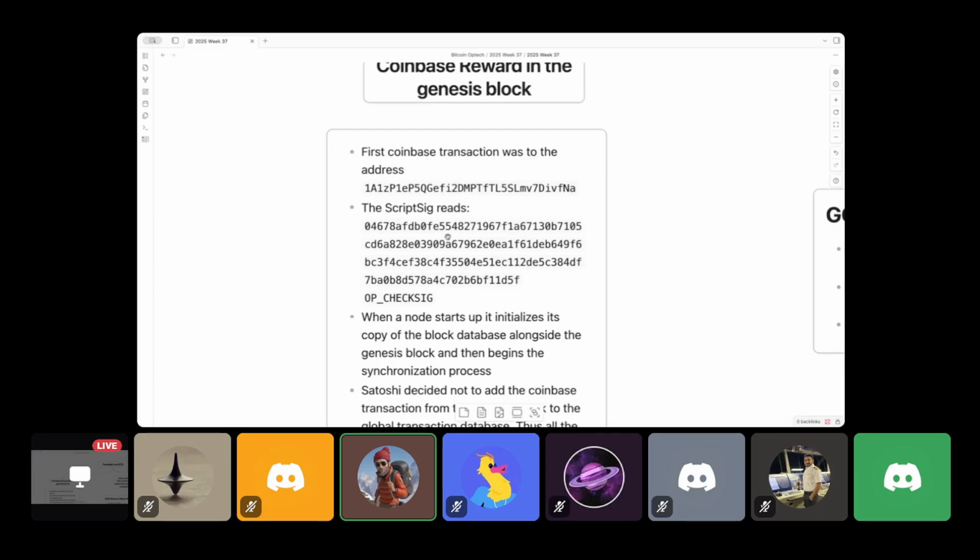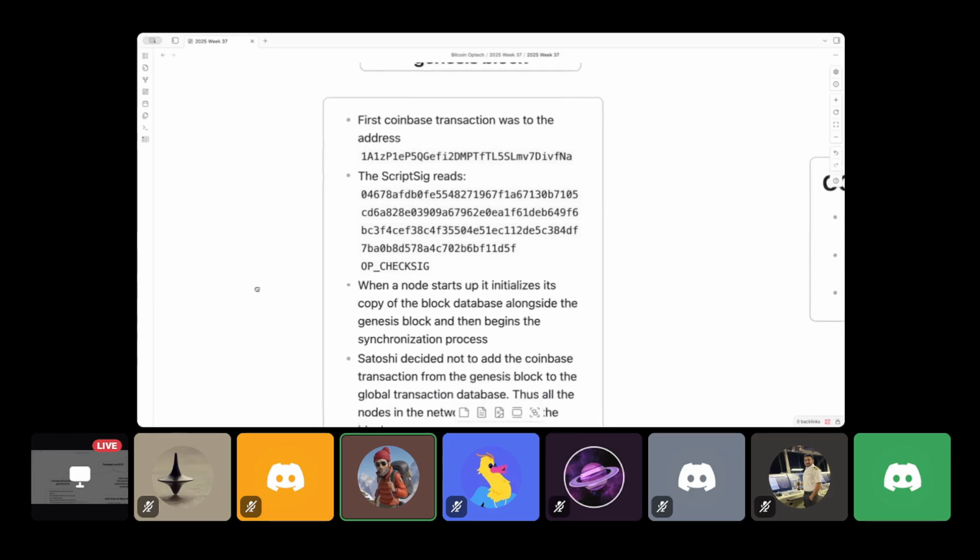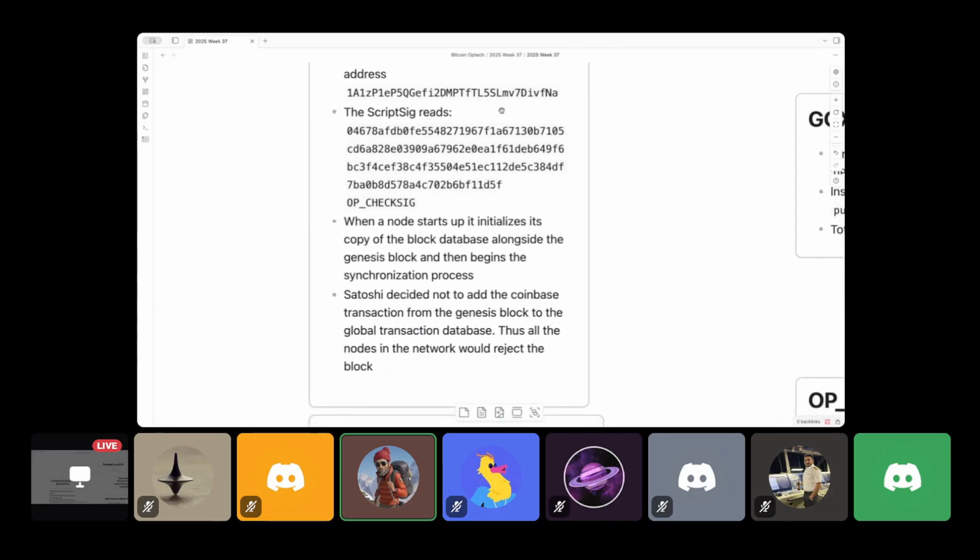But that is not the case. This being a Coinbase transaction, and probably because he did not want to cause the issue of a pre-mine, he coded validation.cpp in such a way that whenever the blockchain initializes, it doesn't do any validation on the Genesis block.